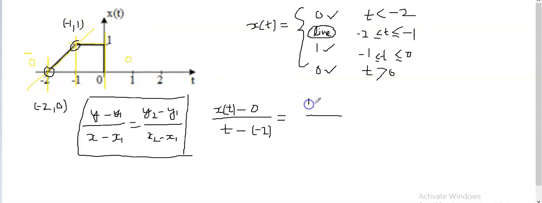This will be 1 minus 0, and minus 1 plus 2. ठीक है, ये वाला point और ये वाला point. So that its slope becomes plus 1 and the equation of line becomes x(t) is equal to t plus 2.